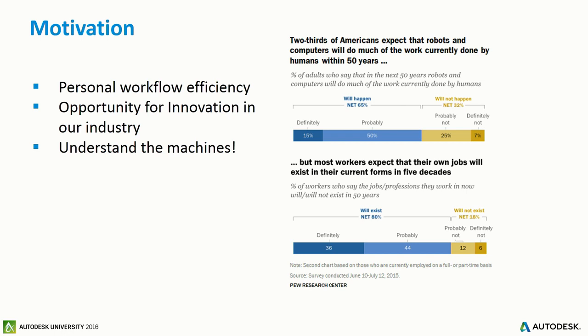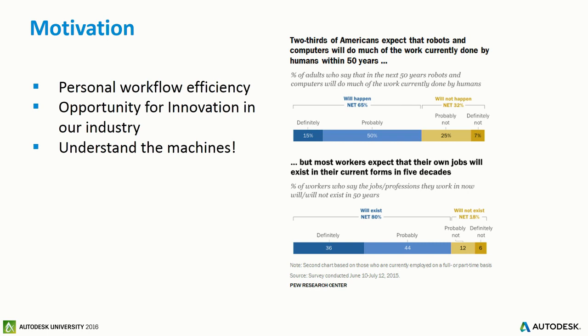So this graphic, I know it's not showing up too well, but I thought it was really interesting. It was a survey that was taken about a year ago, and it asked people if in 50 years they think that most of the workforce will be replaced by robots and computers. And almost 2/3 of those people said yes, that the majority of our workforce is going to be replaced.